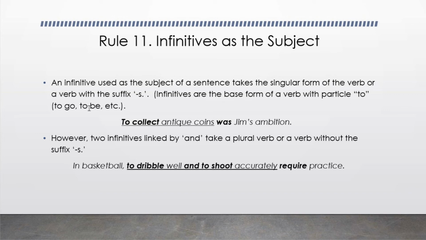Let's look at this example. To collect antique coins was Jim's ambition. The complete subject is to collect antique coins. And even though coins is plural, your simple subject is the infinitive to collect. And as we know from rule number 11, infinitives are always singular. That's why you have the singular form of the verb to be.